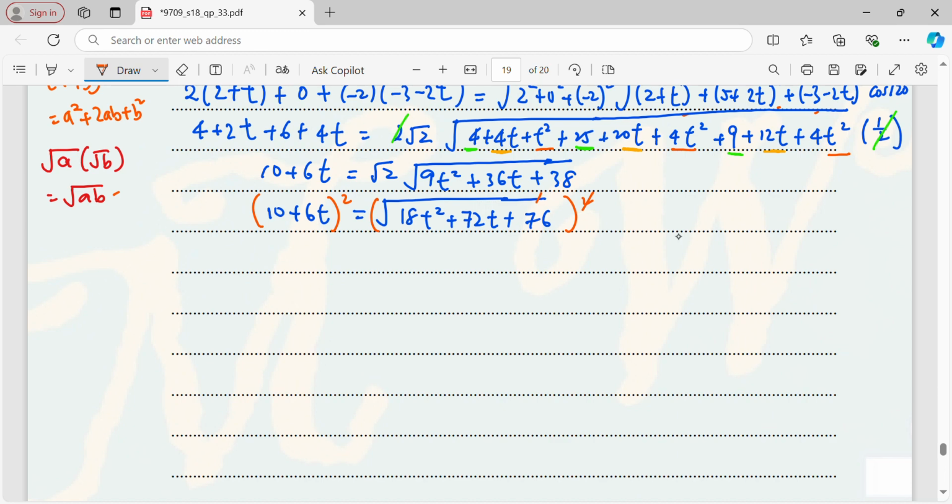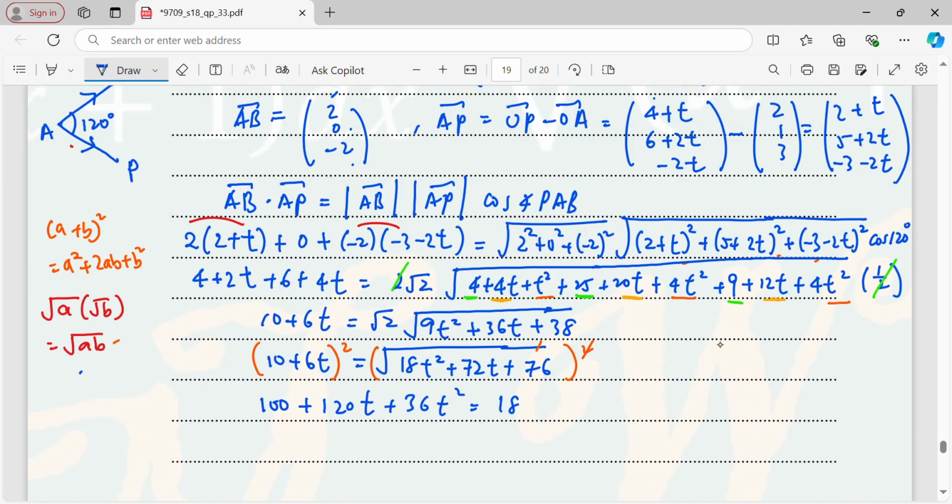So the square and square root cancel off from the right side, but the left side I still need to do expansion. This is going to be 100 plus 120t plus 36t squared. Right side, just copy the three terms. So you will get 18t squared plus 72t plus 76.